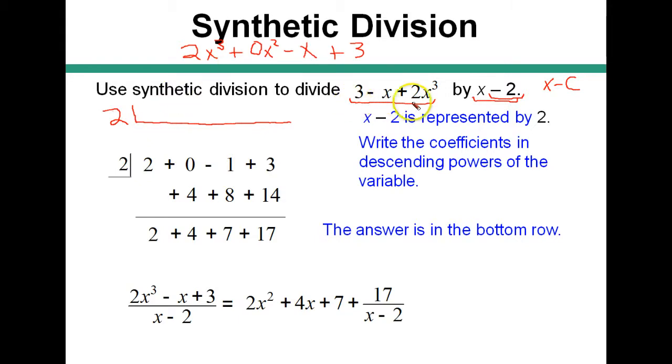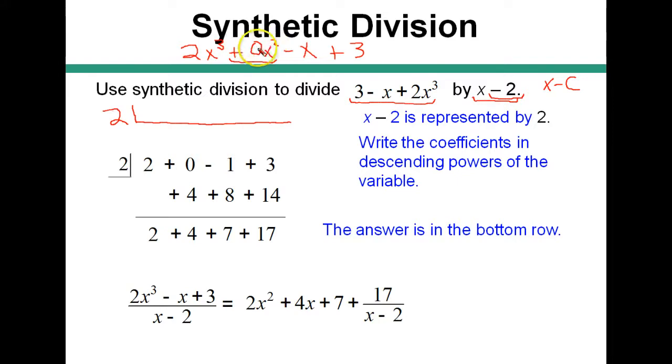Now, this is what we're going to divide into, but notice it's not in any kind of form. And we said to put them in descending order of the exponents. So my first term then would be 2x cubed, which I'm putting up here. Now, do I have an x squared term? No. So I'm putting my x squared term right here as 0x squared.